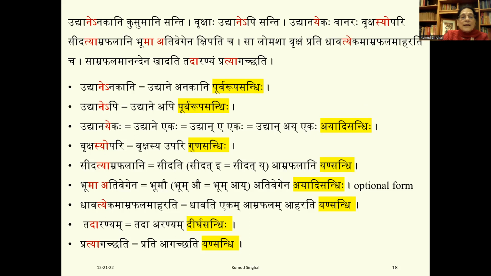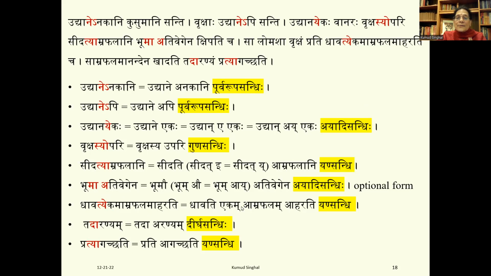Now this one, dhavatyekamamra phalamaharati. This is made up of four words. Dhavati ekam amra phalam aharati. So dhavati ekam, e followed by a dissimilar vowel. So you have a yan sandhi. E will be replaced by ya. So that's why you have tye, right? Then ma and a, this is no sandhi.